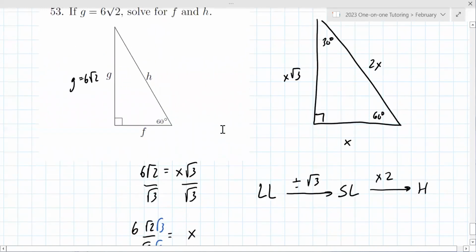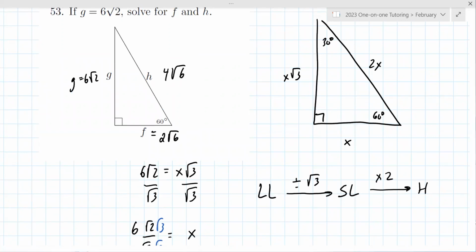So once you find that this is 2 square root 6, you double it, 4 square root 6 for the hypotenuse.